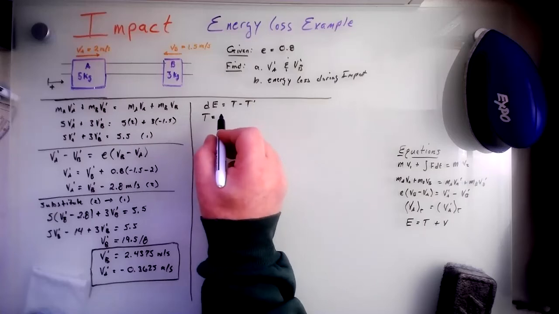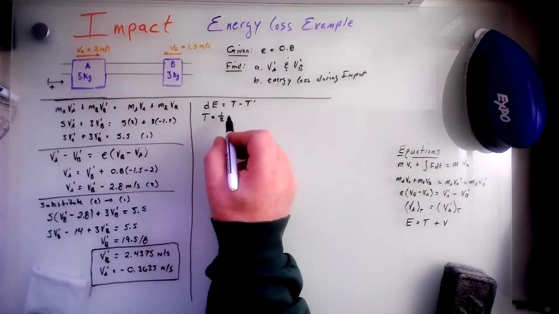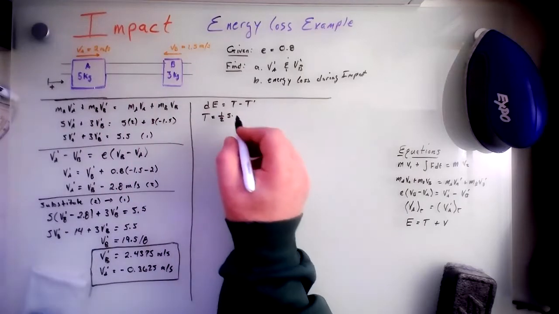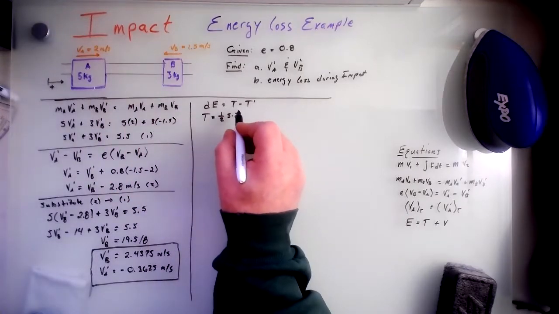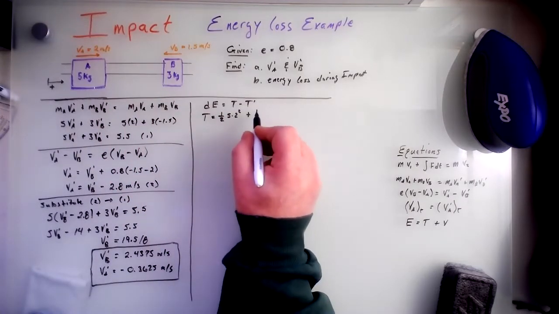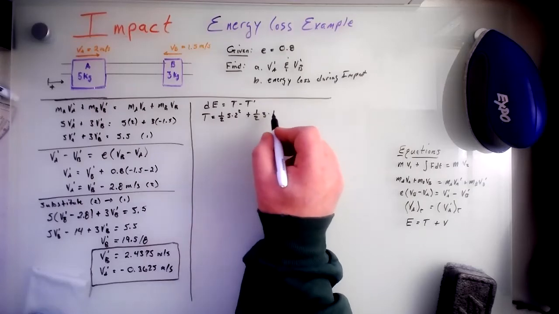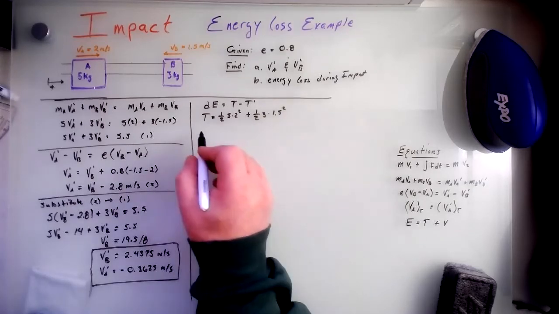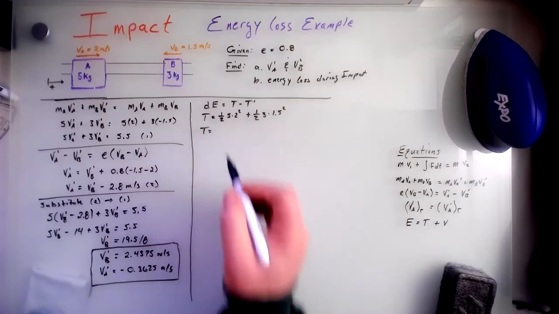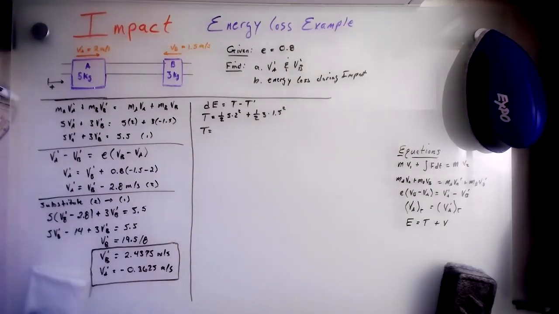That is 1/2 m v squared, so 1/2 times 5 times 2 squared plus 1/2 times 3 times 1.5 squared. And that gives us our initial kinetic energy.